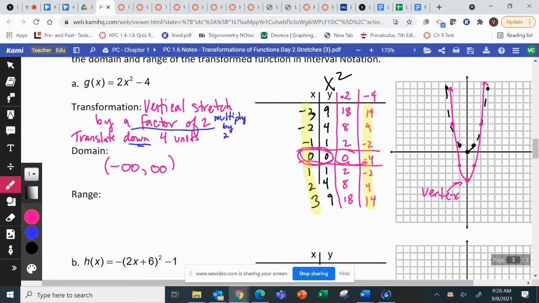And then the range, we look at the lowest point, and the lowest point is -4. And then the highest point, it goes on forever, so just +infinity. Remember, in interval notation, it cannot equal infinity, so you have to use a parenthesis.